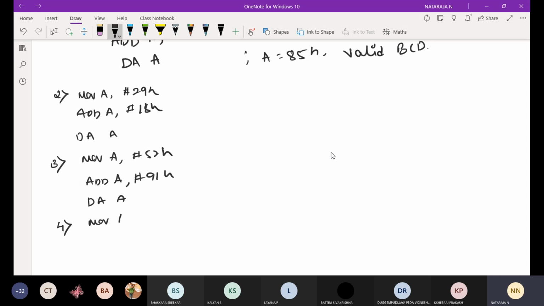Move A, #54H, add A, #87H, decimal adjustment accumulator. Okay, I want all these solutions in the assignment book. Please make a note of this and write the solution in the assignment book. It carries some marks. It has some weightage.